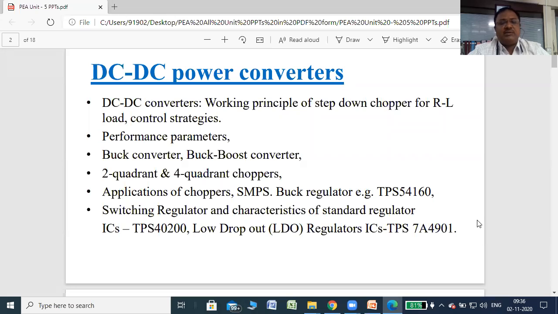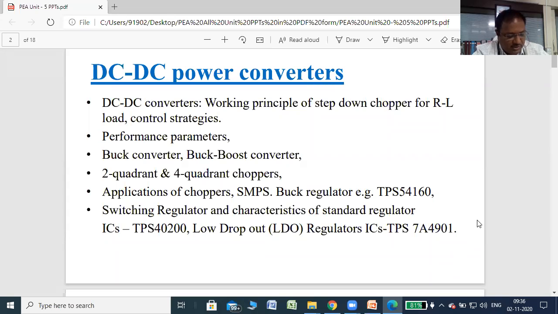So according to that, the DC converters are classified. But the main question that comes to mind is: what is the need of these DC converters, right? So first of all, these DC converters are required for electric vehicles, not only for electric vehicles, but in industry, they are required to control the power or speed of DC motor.